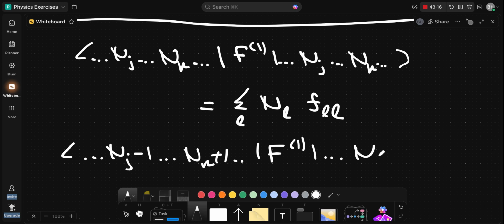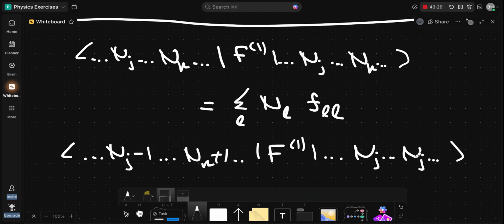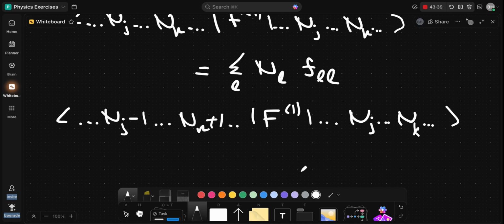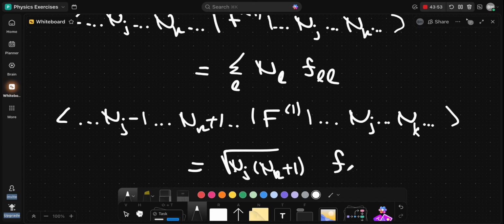So I start in a state in which I have everything else the same, but nj particles in state j, sorry, nk, apologies, and nk particles in state k. And you move one particle from state j to state k, then your result is going to be the square root of nj nk plus 1 and fkj.